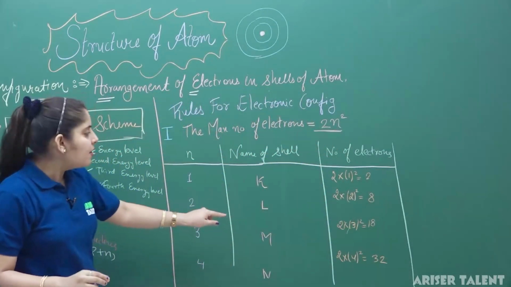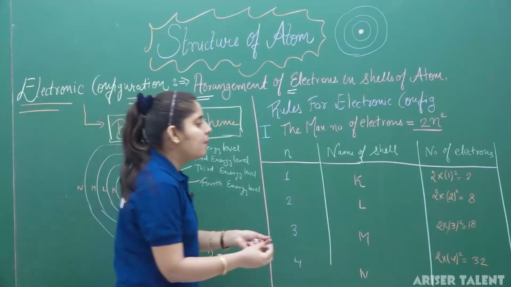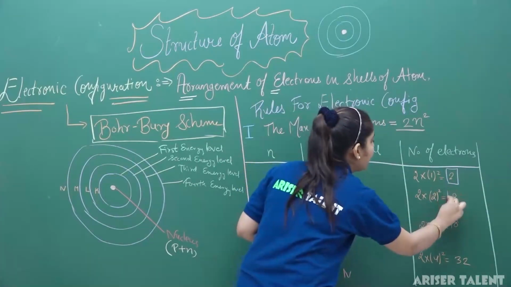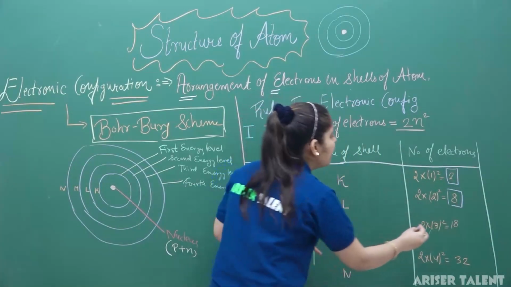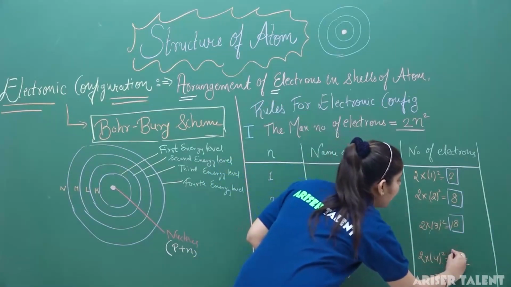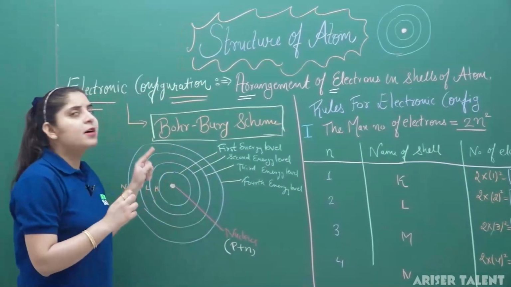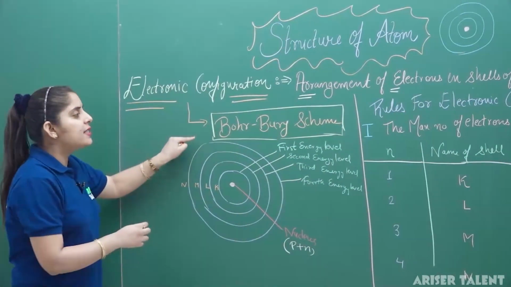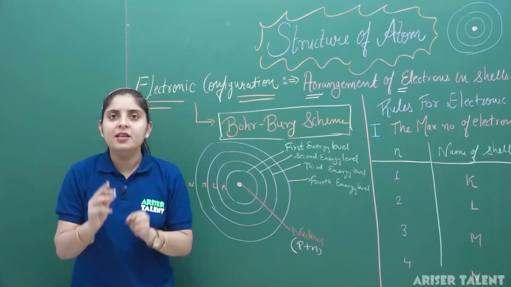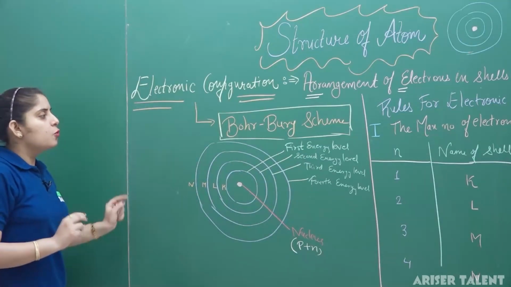So these are the numbers of electrons that a particular shell of an atom can accommodate. In K shell, we have 2 electrons. In L, 8 electrons. In M shell, 18 electrons. And in the N shell, 32 electrons. So this is the first rule of the Bohr-Bury scheme, that the electrons in a shell cannot exceed the 2n square value.